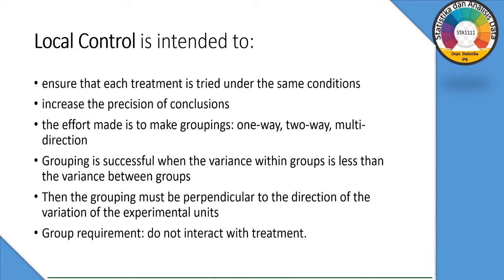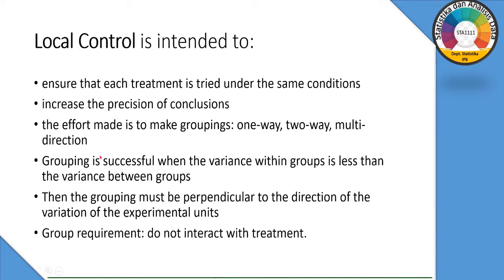All of those you need to control. So the objective is to ensure that each treatment is tried under the same condition, right? If the experimental object is influenced by light intensity, then you need to control the light intensity, right?